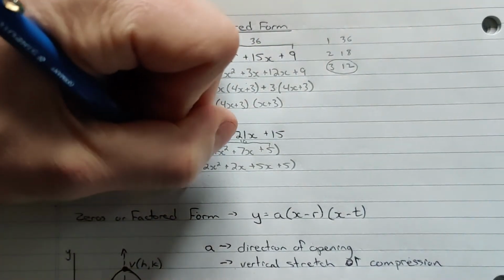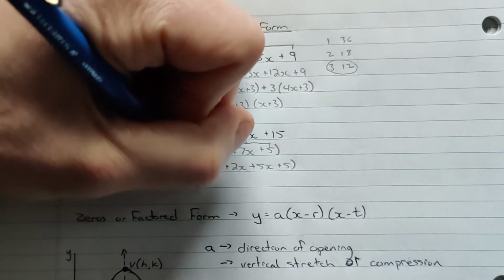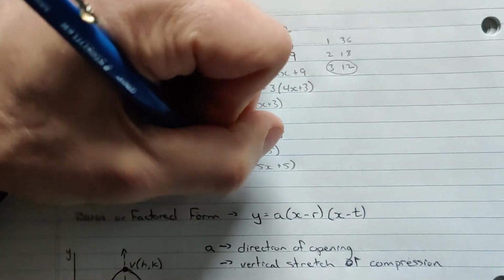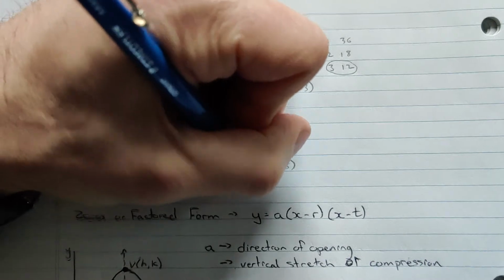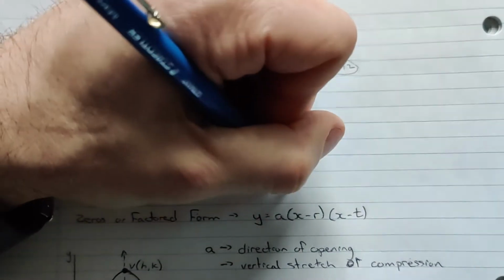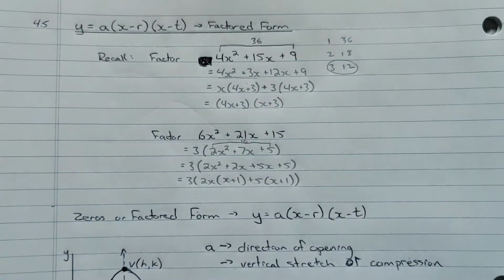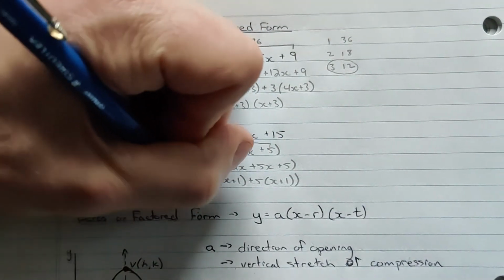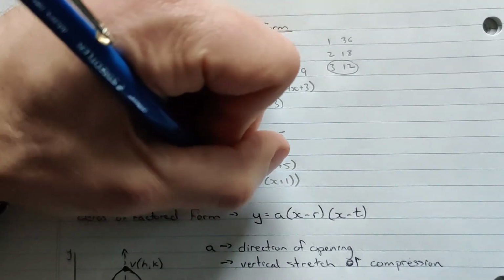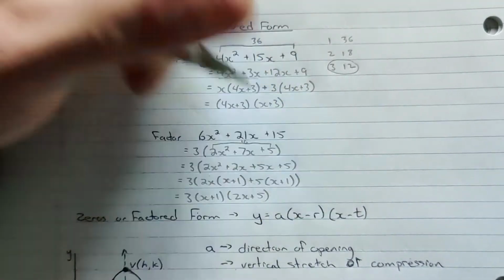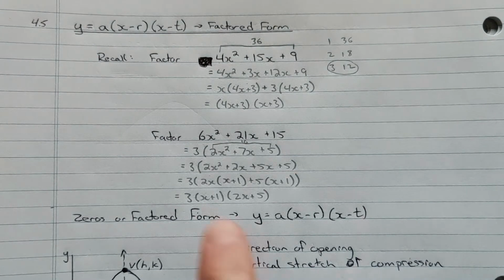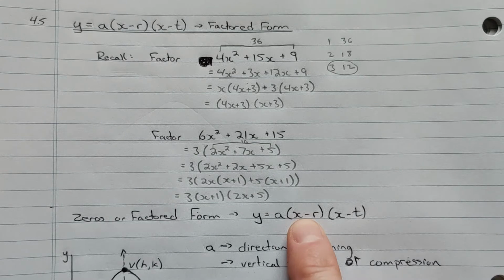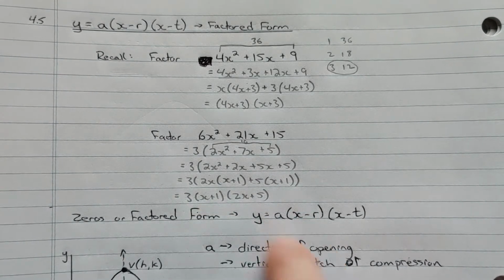And then we'll do our common factoring. 2x from the first pair, we're going to be left with x plus 1, plus 5 times x plus 1. And then we common factor out that last bit there, and we're left with 3 times (x plus 1) times (2x plus 5) as our trinomial. That's our factored form of the quadratic equation.